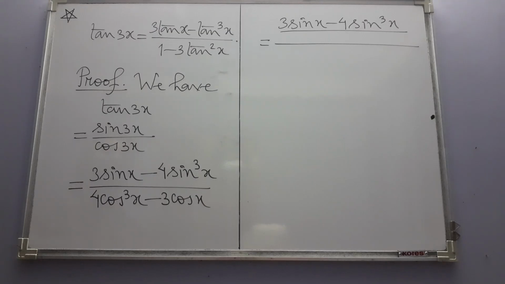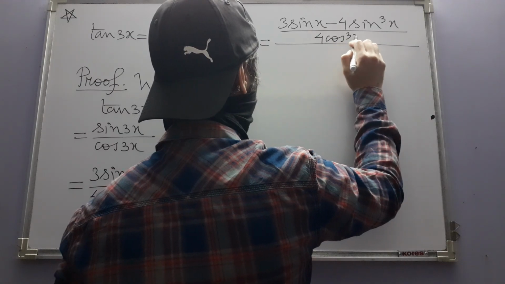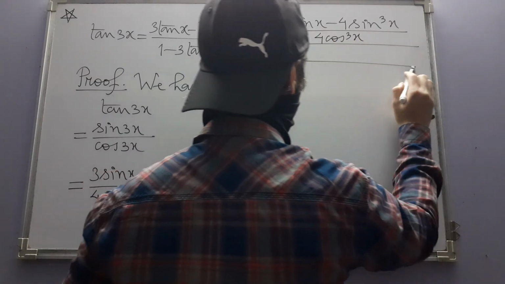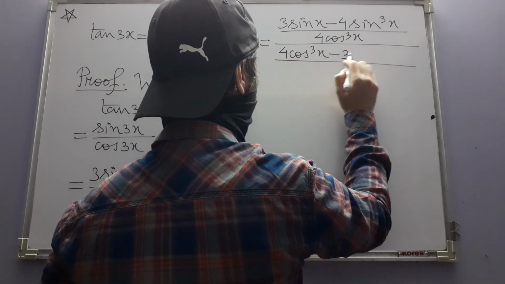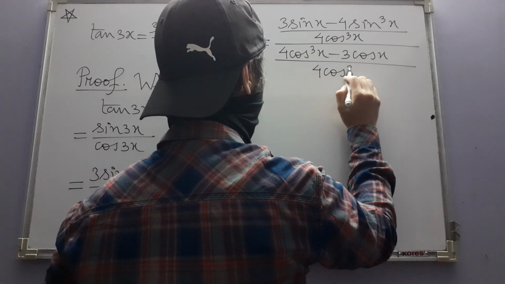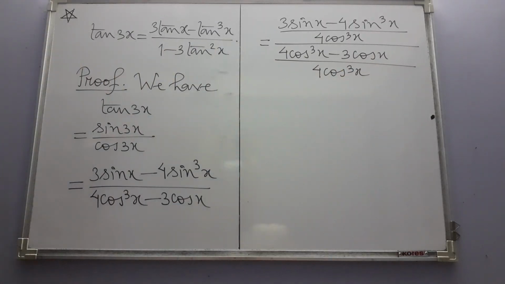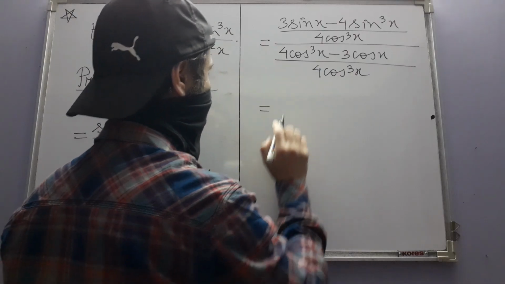So should we divide by 4 instead? Yeah, I think that's what I should do. Not just simply cos cube x, but 4 cos cube x minus 3 cos x divided by 4 cos cube x. This will create some problems though, I think.